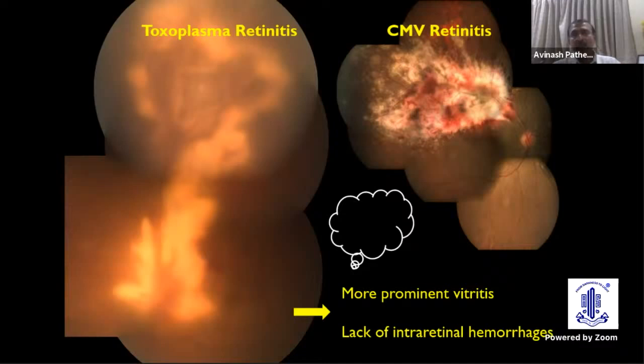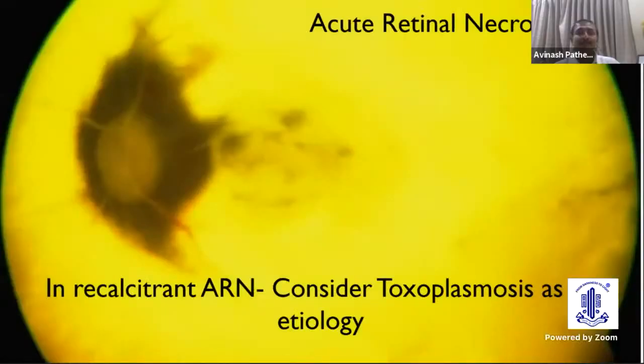Let me share two important clinical points by which the diagnosis can be made right away on clinical evaluation. In toxoplasma retinitis, the vitritis is more prominent than in cytomegalovirus retinitis, and number two is the lack of intraretinal hemorrhages. Necrotizing retinitis in cytomegalovirus is usually associated with hemorrhages, but in toxoplasmosis, it is not. These are the comparative images where one can clearly understand how to differentiate necrotizing retinitis from these two organisms in immunocompromised patients.